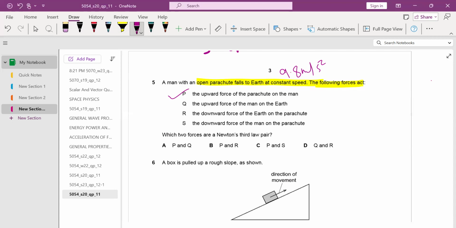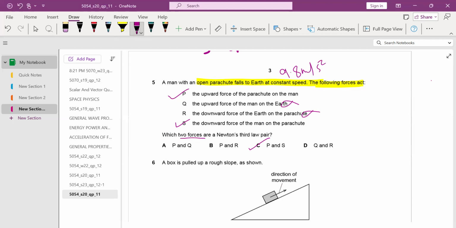Then the upward force of the man on earth, no. The downward force of the earth on the parachute, no. The downward force of the man on the parachute, yes. So S and P, both statements are correct. So option C is correct for question number 5.